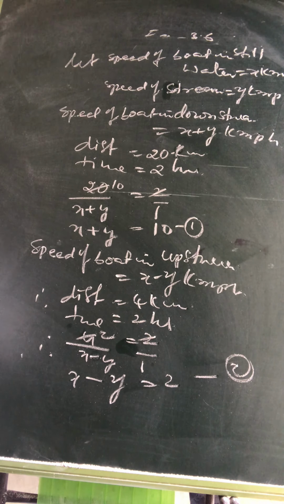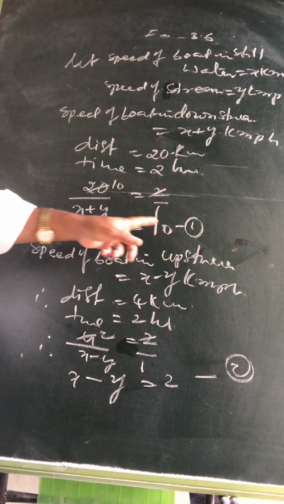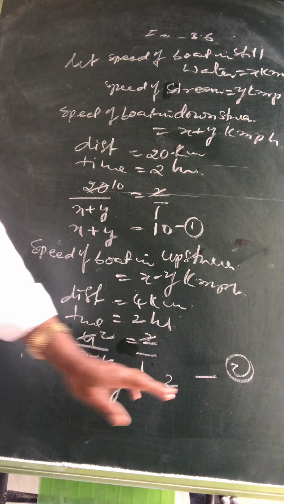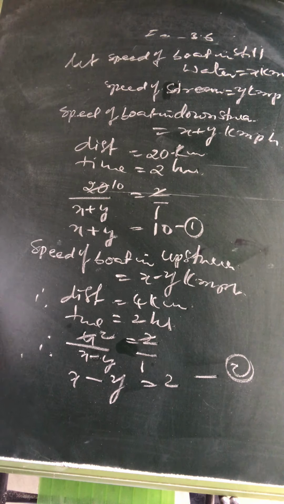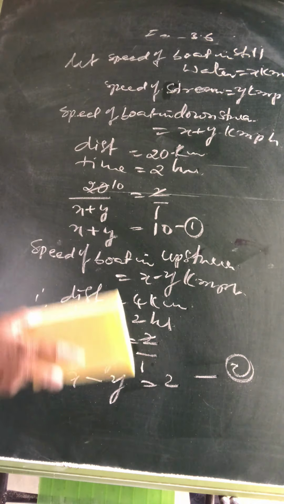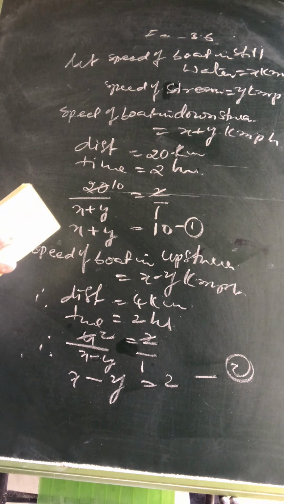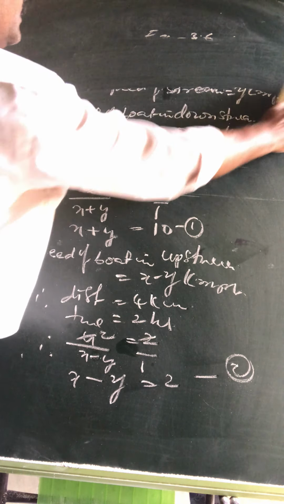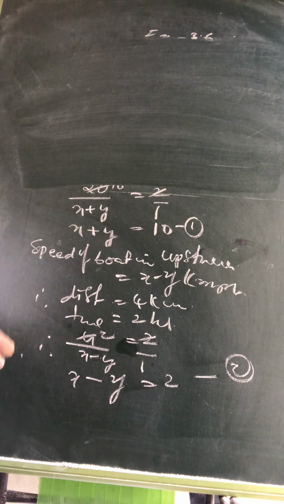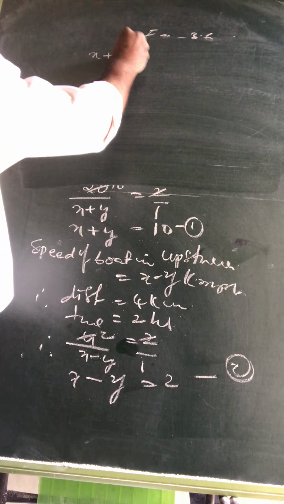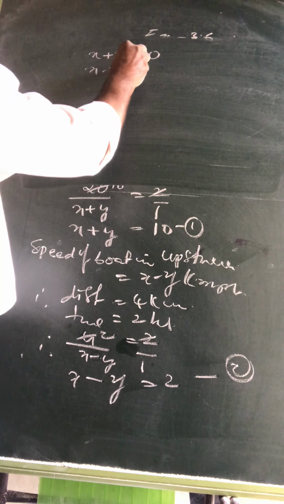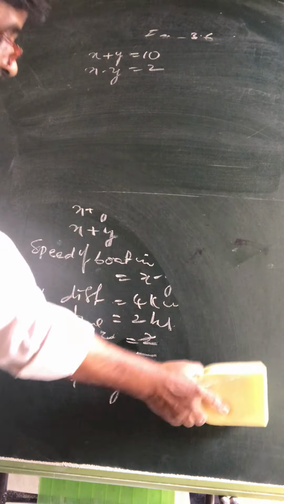You got it. So here the two equations you got: x plus y is equal to 10 and x minus y is equal to 2. These two equations we have to solve to find the speed of the boat and the speed of the stream. Just use the elimination method by addition.